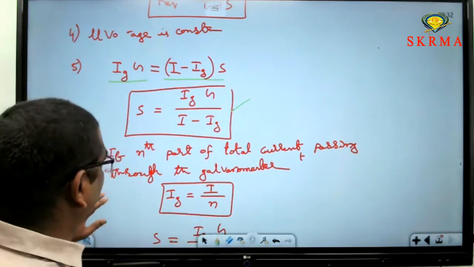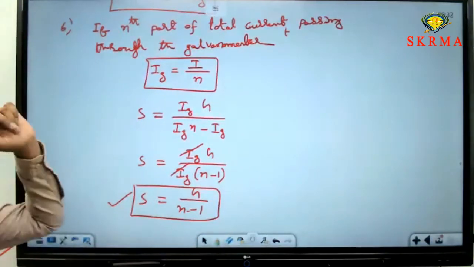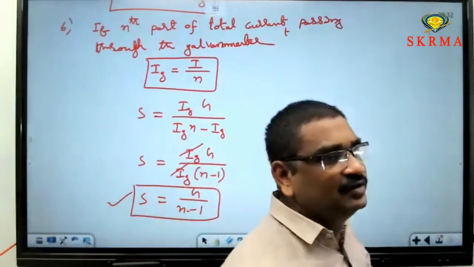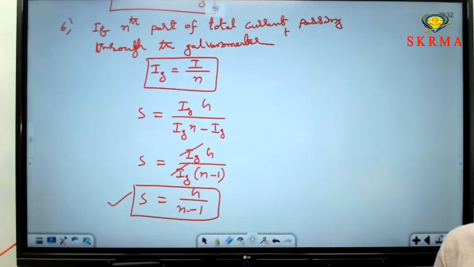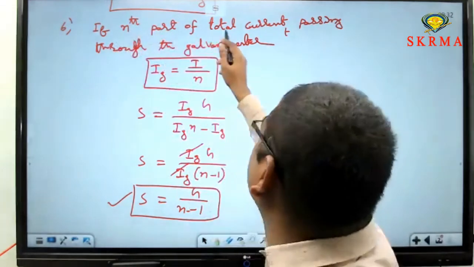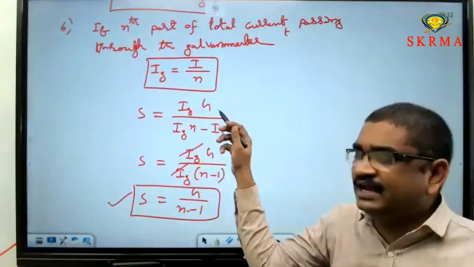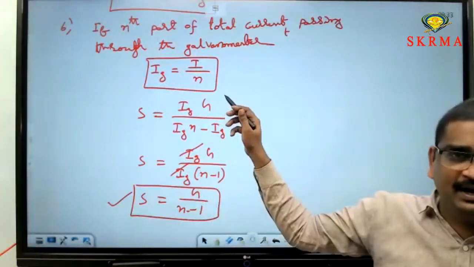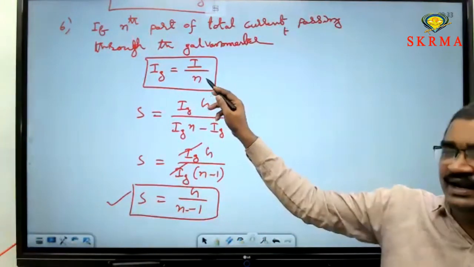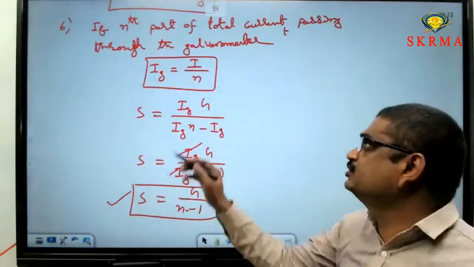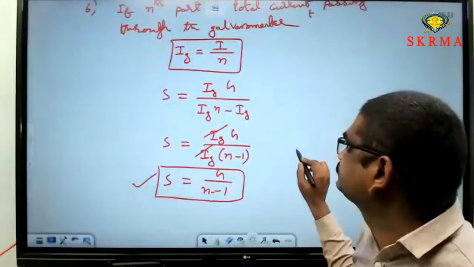Next point. In some questions, they will give that only nth part of the total current passes through the galvanometer. If they give like that, then we need to use this equation. If nth part of the total current is passing through the galvanometer, then Ig can be written as I by N. Substitute this Ig value in the previous equation, then you will get this one.